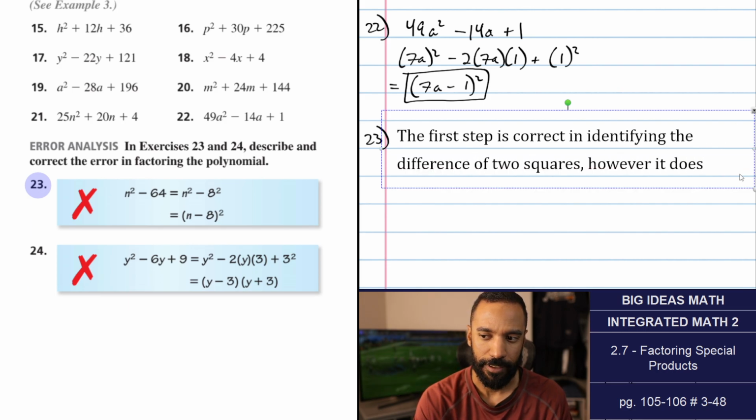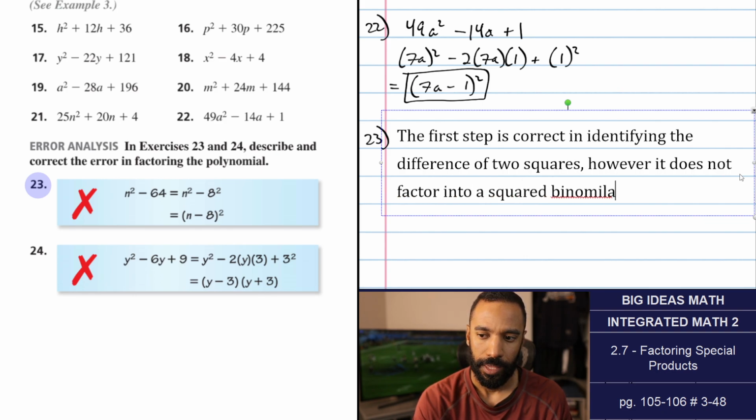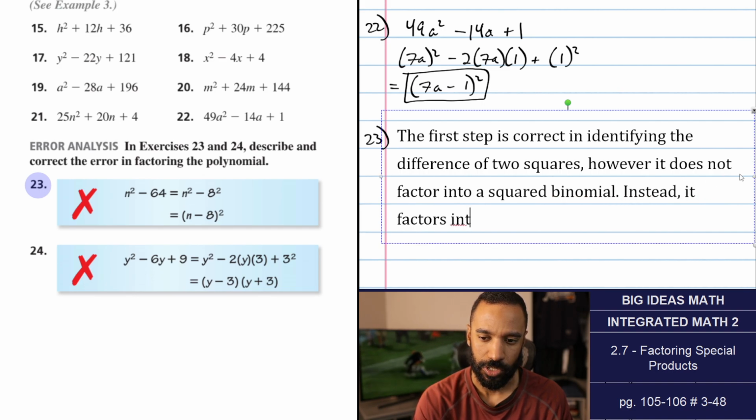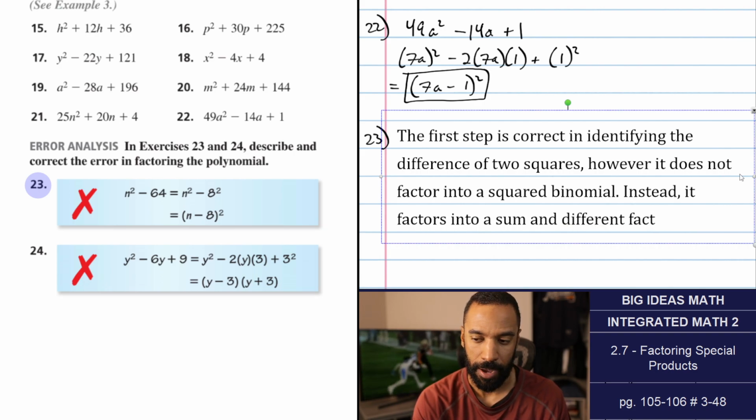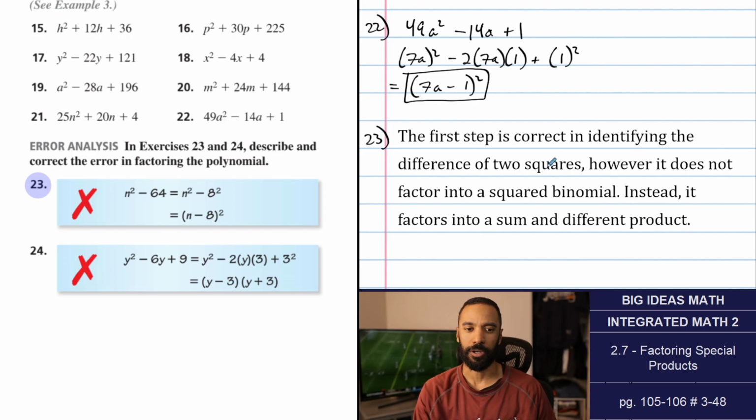However, it does not factor into a squared binomial. Instead, it factors into a sum and difference product, a plus b times a minus b. That's kind of the appearance that we're going to get here.